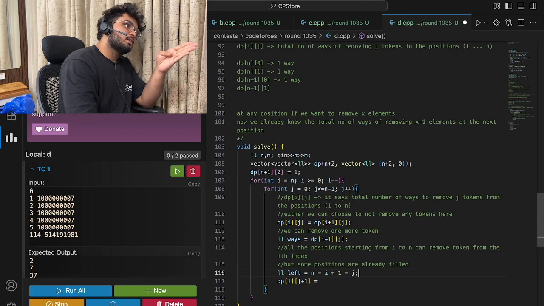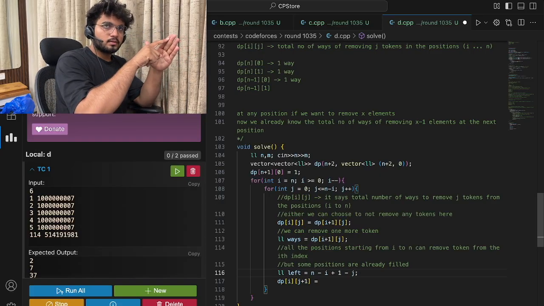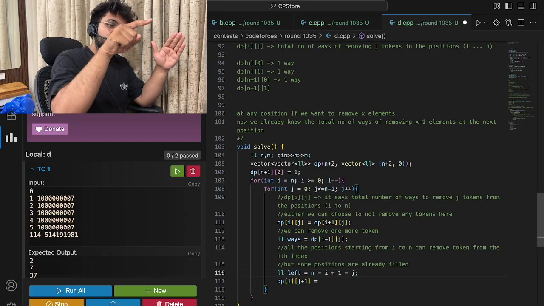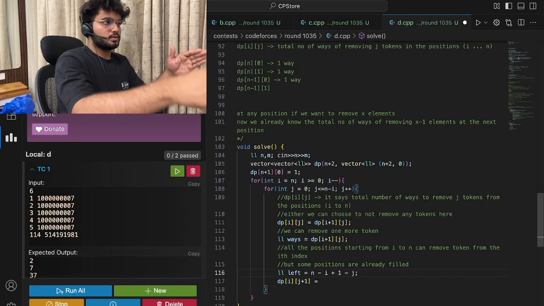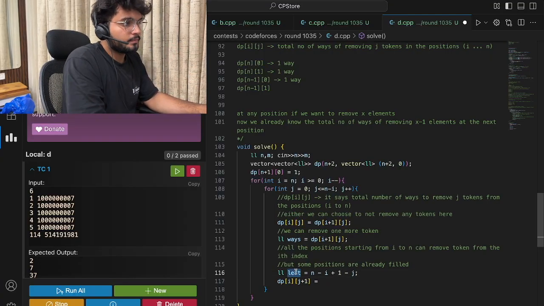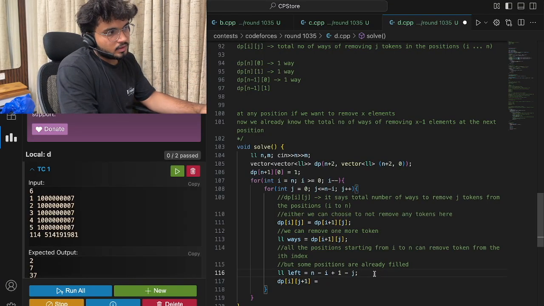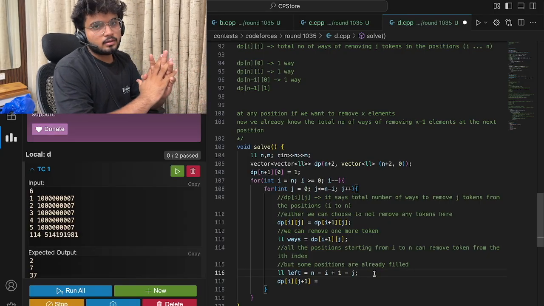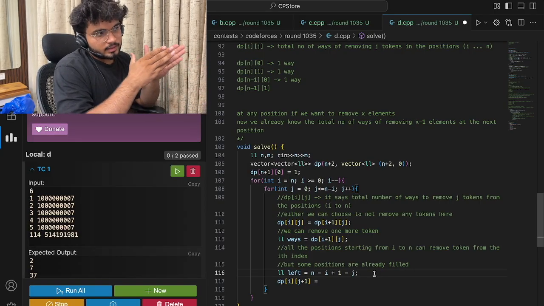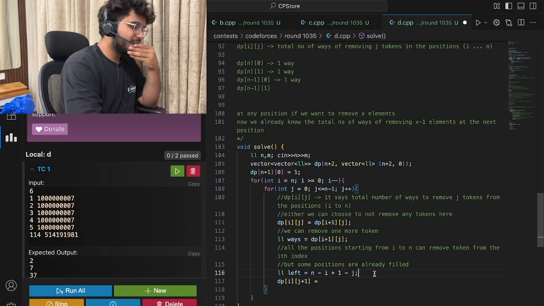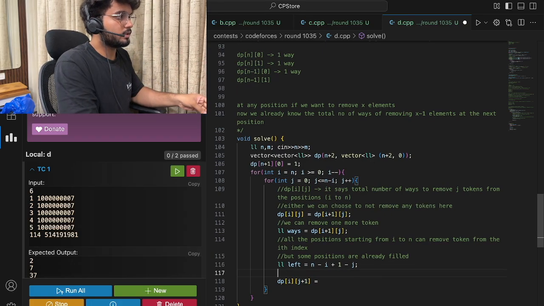Yes, so n minus i plus 1 will give us total number of positions and minus the already removed positions. This will give us the positions that are left. So these left positions will be responsible to remove the token from the current ith position. Okay, I know this is a bit overwhelming. You can listen to it again.